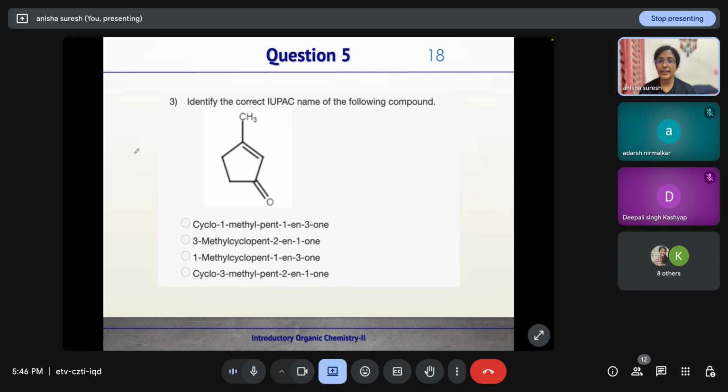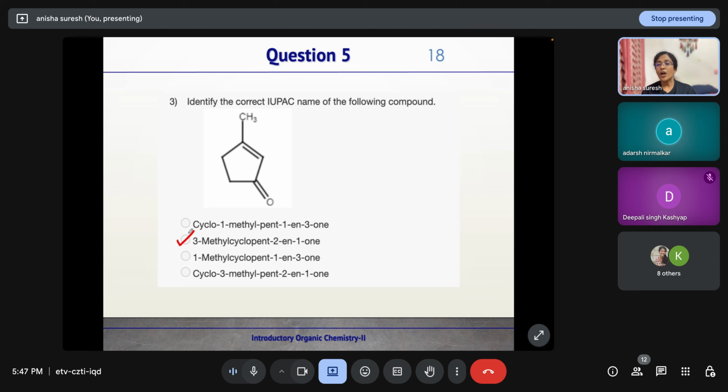Now coming to question number 5. Identify the correct IUPAC name of the following compound. Ma'am, option B, 3-methylcyclopent-2-en-1-one.